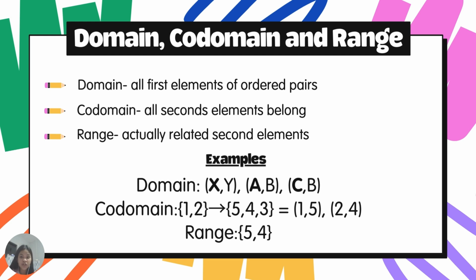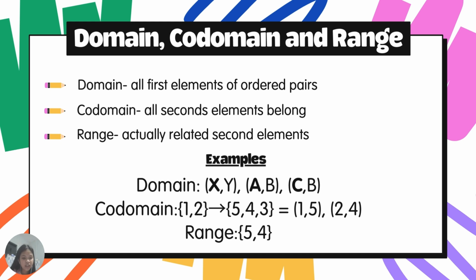But range is not about being a second element; range is an actually related second element. Yes, they are second elements, but they should have a domain or an input.